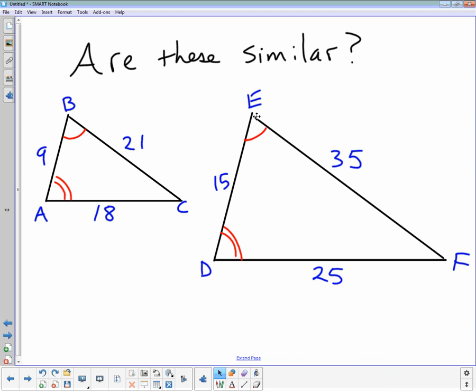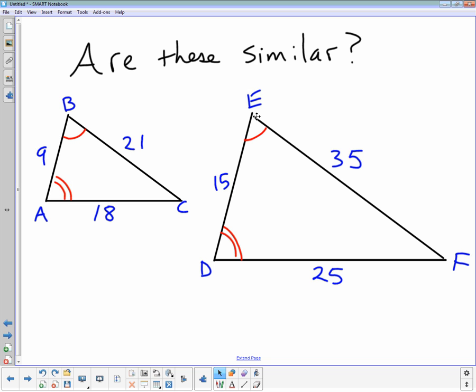Before we even go anywhere, does it matter that I only know that 2 of my angles are congruent? I mean, do I need to have all 3? Why not? To prove congruence, but I only have 2 right now. Well, do we know that C and F are congruent?